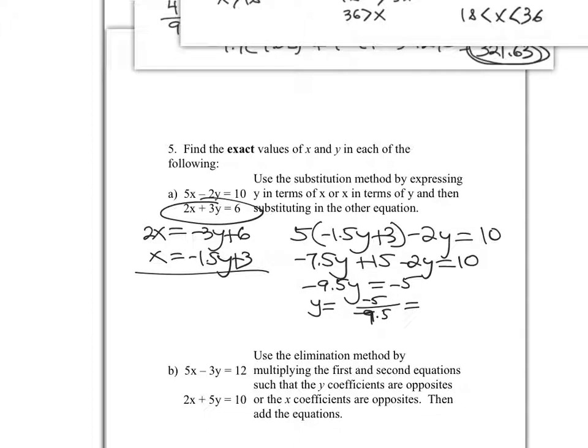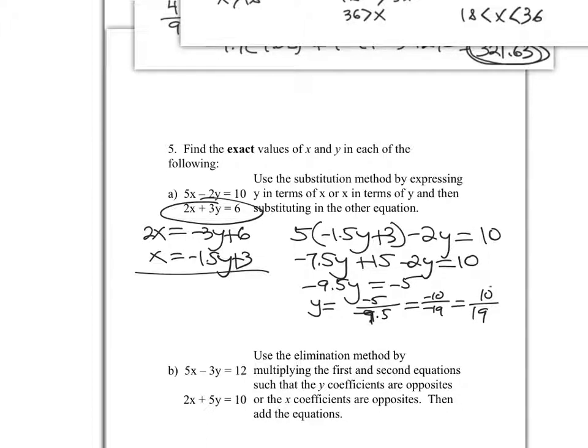And we could say that's equal to negative 10 over negative 19, or just 10 over 19. And I got the 10 over 19 by multiplying top and bottom here by 2 to get from negative 5 to negative 10, negative 9.5 to negative 19.